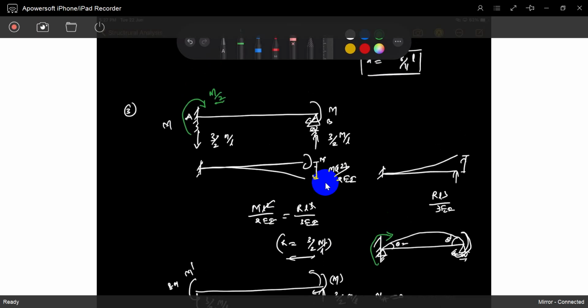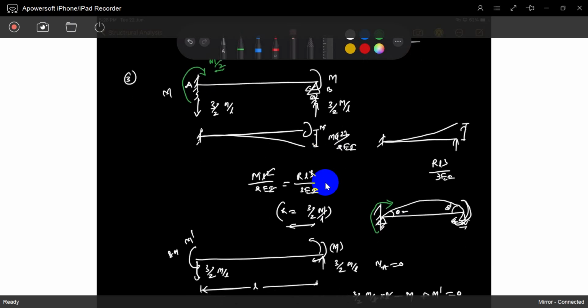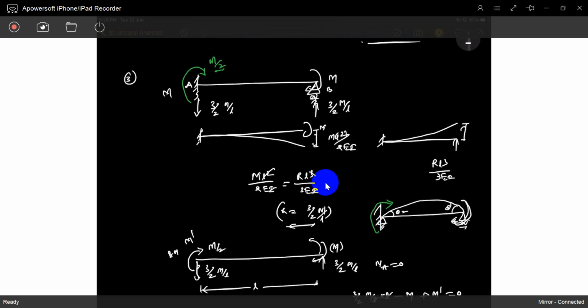So it will come as M by 2. So this is M, not in this direction. In this direction it will generate M by 2. Also, one thing you must compulsorily remember, this is a major important statement I am giving: if you apply a moment M at one end of the fixed beam, half of the moment is transferred to the other support, M by 2, and also in the same direction.